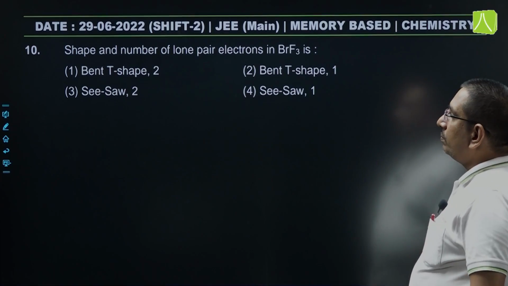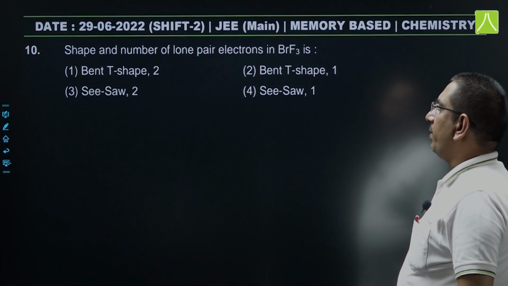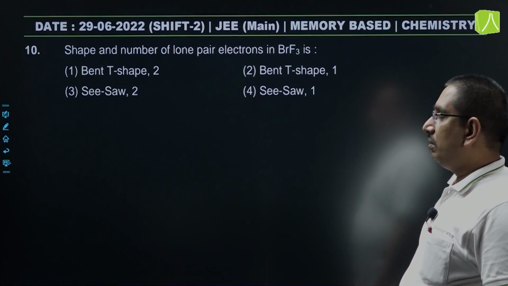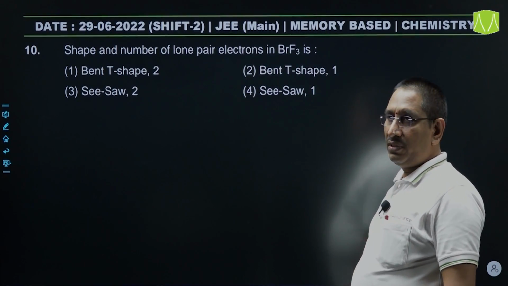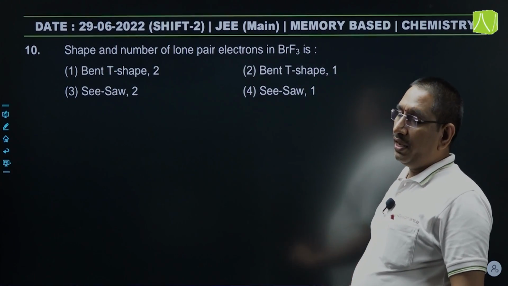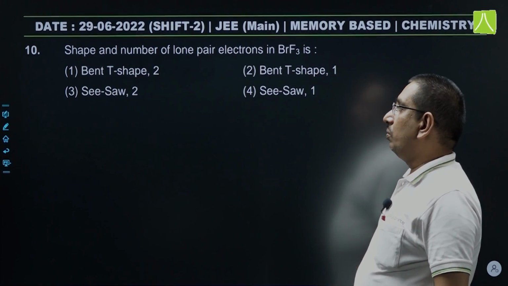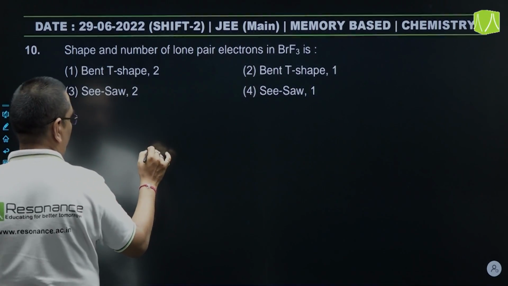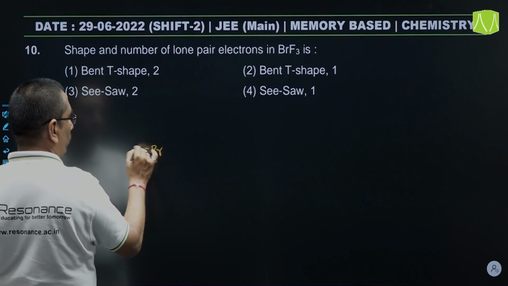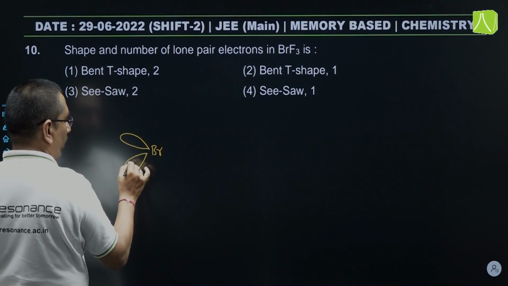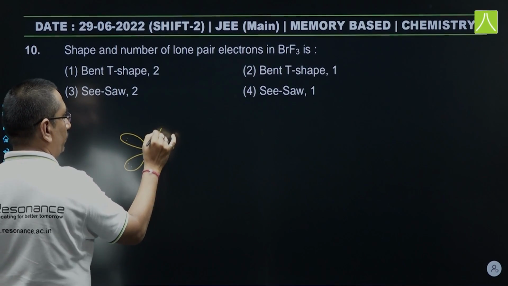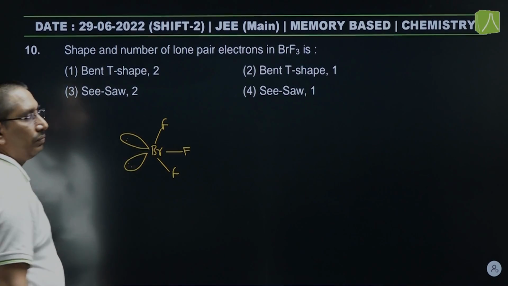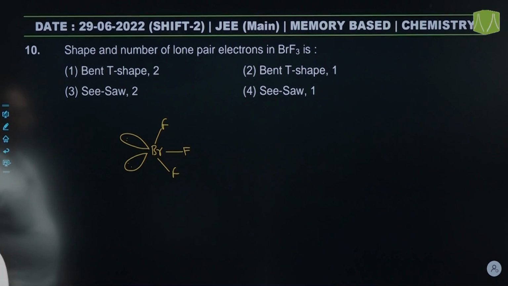Next question, shape and number of lone pairs of electrons in BrF3 is. In BrF3 you can observe the steric number is 3 plus 2 lone pairs होगा. So, 5. So, 5 means here it is having 2 lone pairs and 3 bond pairs.